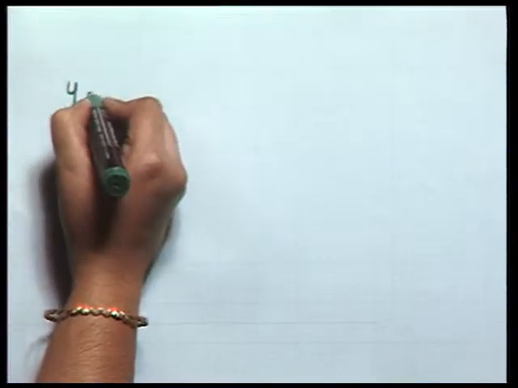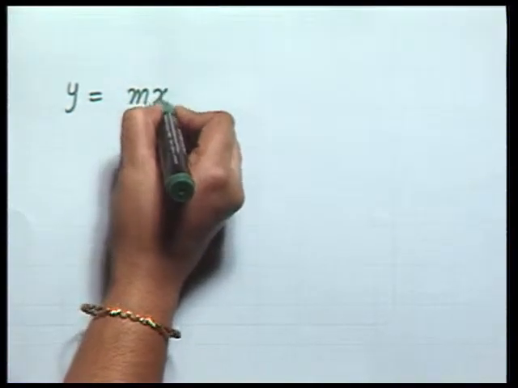If you have an equation y is equal to mx, it represents a family of straight lines passing through the origin. For various values of m, you get various members of that family. And so that m is what we refer to as an arbitrary constant.